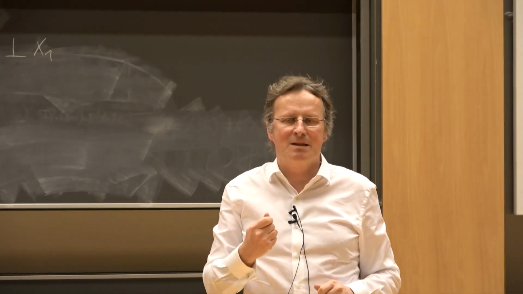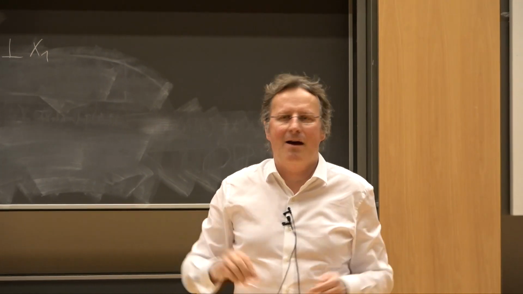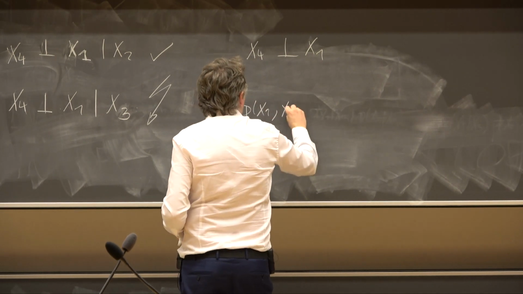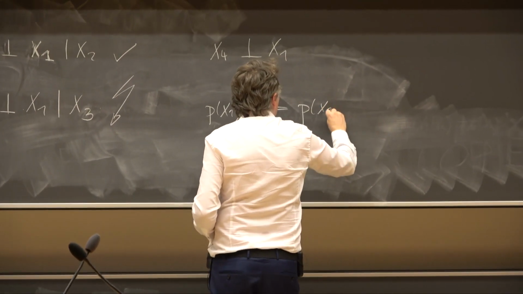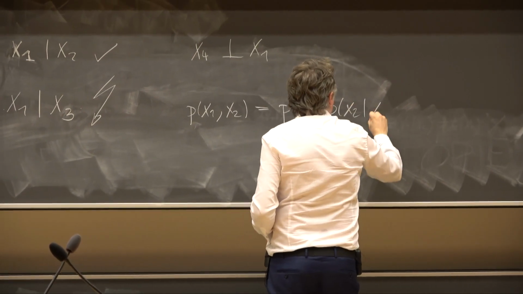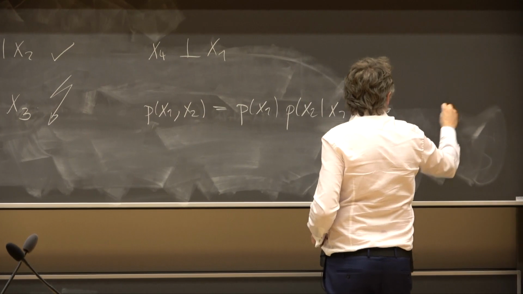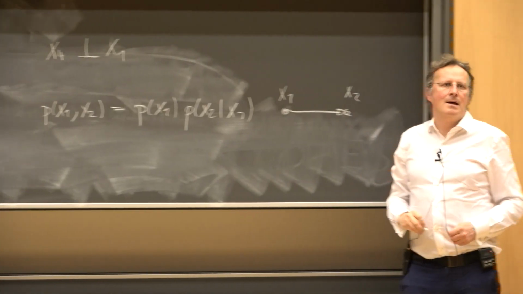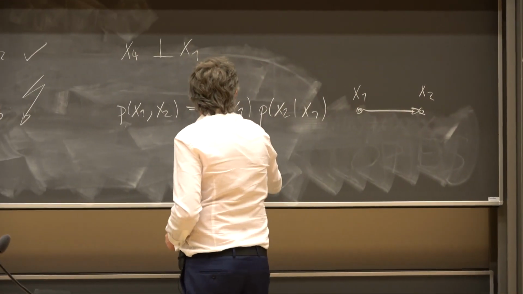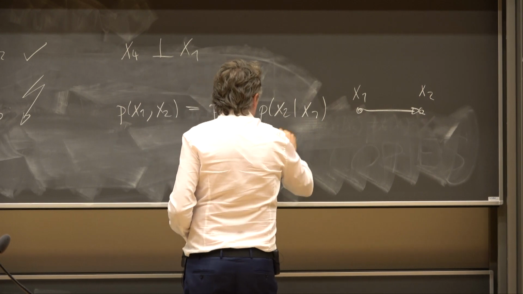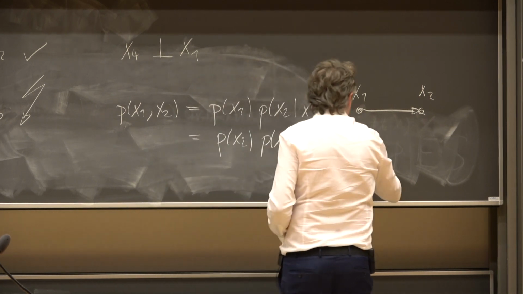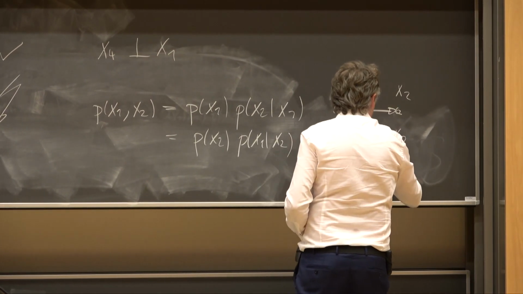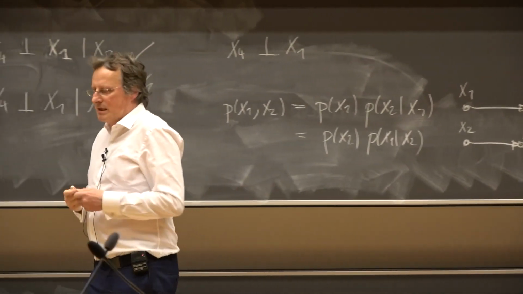We have to be very careful with this, because generically, if I have just p of x1 and x2, I can write this down as p of x1 times p of x2 given x1, and the graph would look like x1 to x2. But of course, I can also write it down as p of x2 times p of x1 given x2, and now it looks like x2 to x1. So this is completely generic.